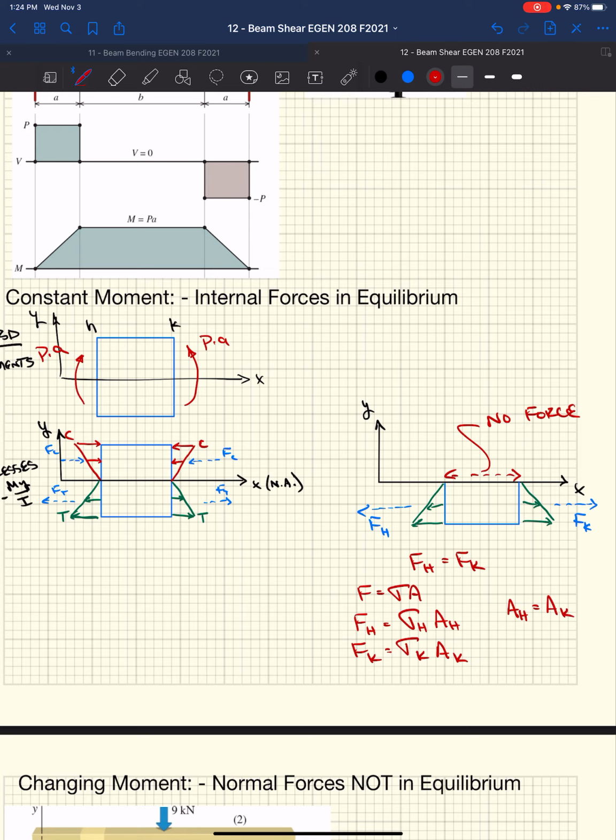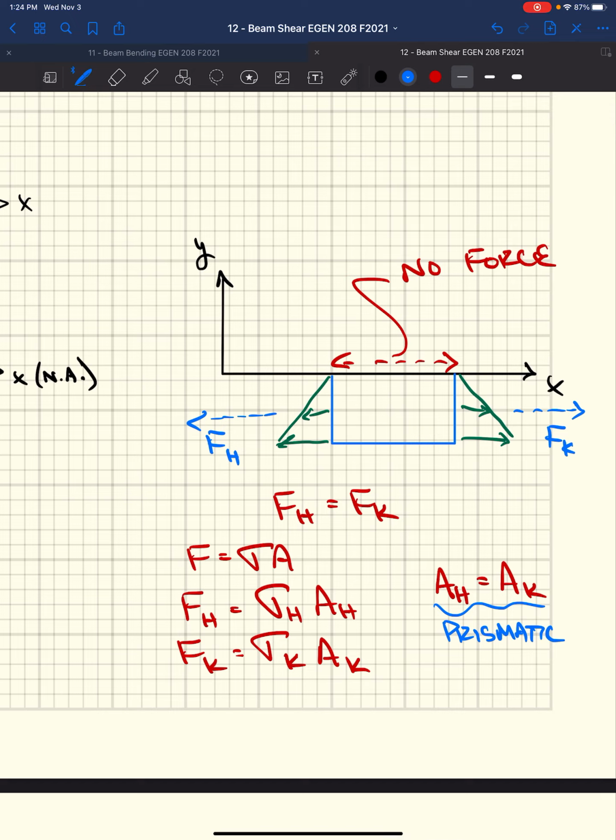Well, the area of H equals the area of K because our member is prismatic. If we were to cut this beam along the length, it's going to be the same beam all the way, right? Because it's the same beam, the area that this stress acts against is the same.